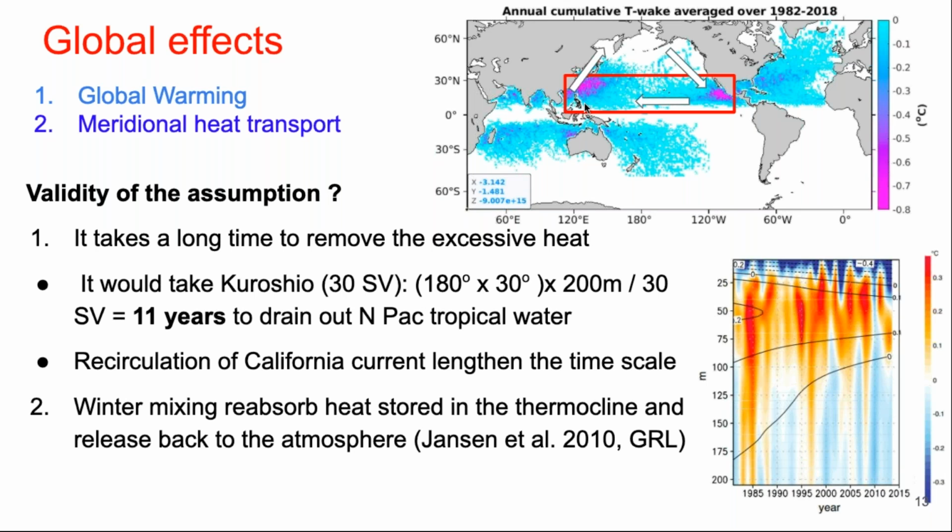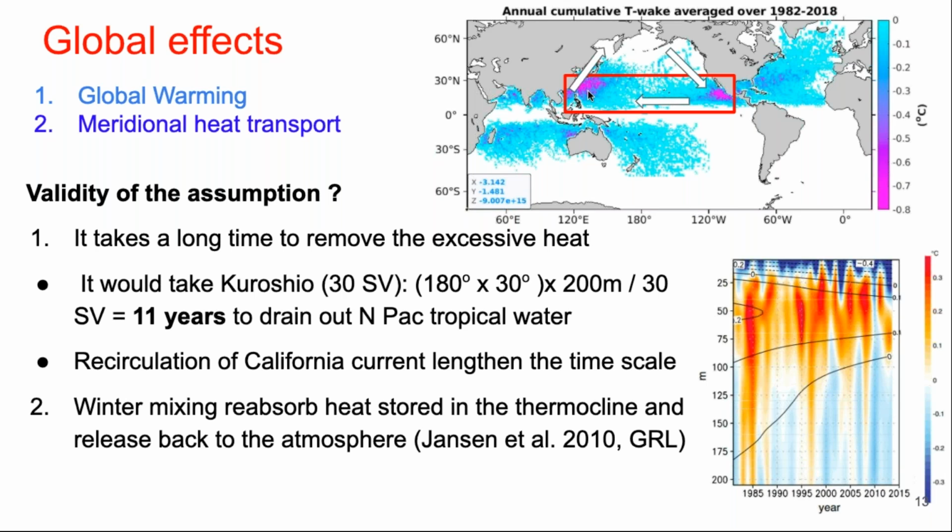for the current to drain out the tropical North Pacific water. And there is also the recirculation of other currents like the California current, and this recirculation would extend the time scale for the heat to be totally transferred to the pole.